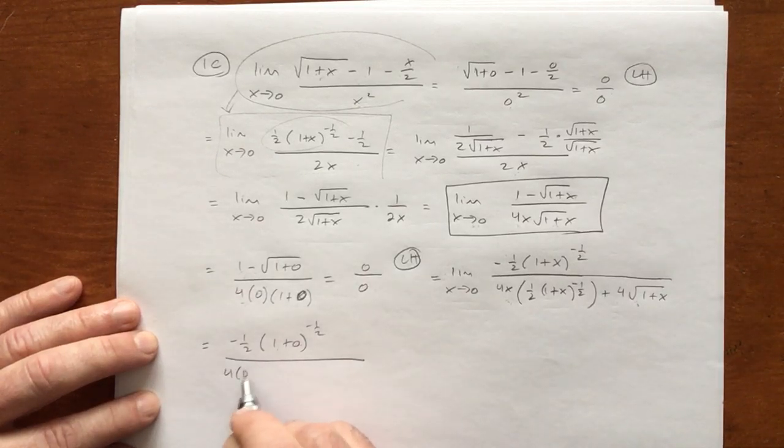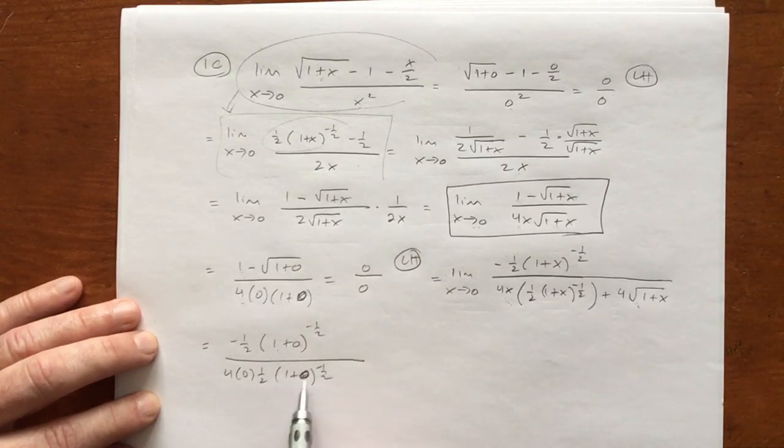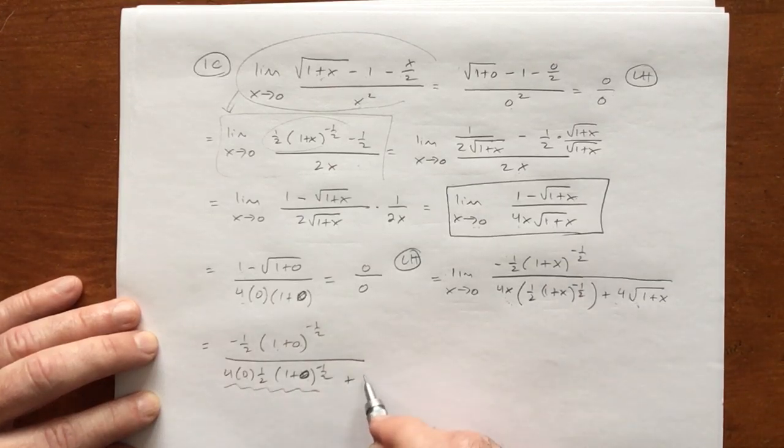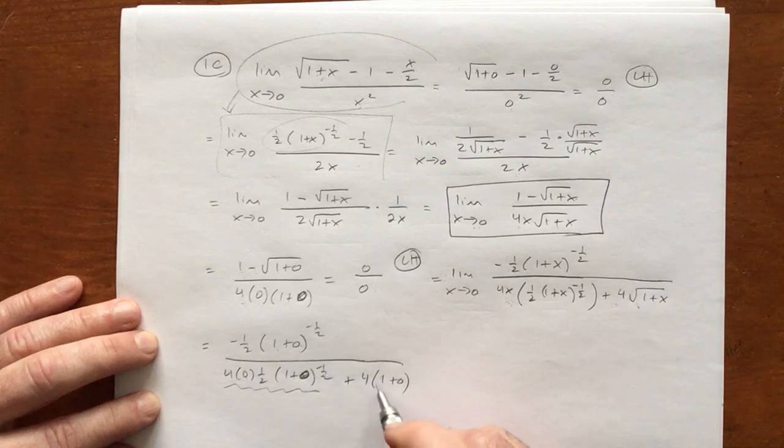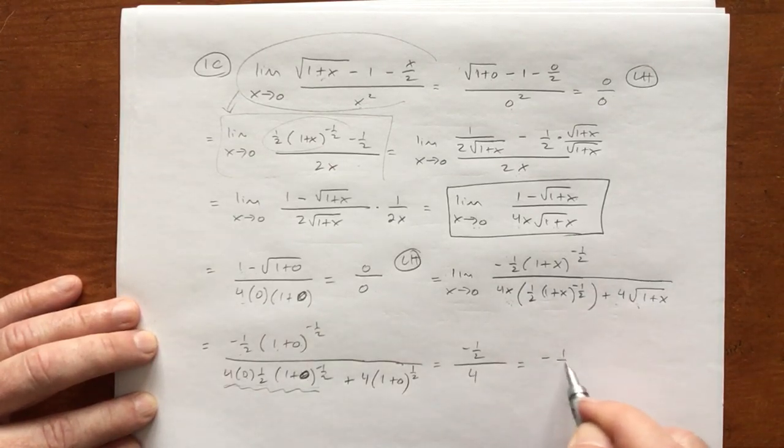So, I can replace all the x's with a 0, but I know that that term will end up being 0. So then this last term here is simply 1 again. So I get -1/2 times 1 divided by 0 plus 4, which is -1/8.